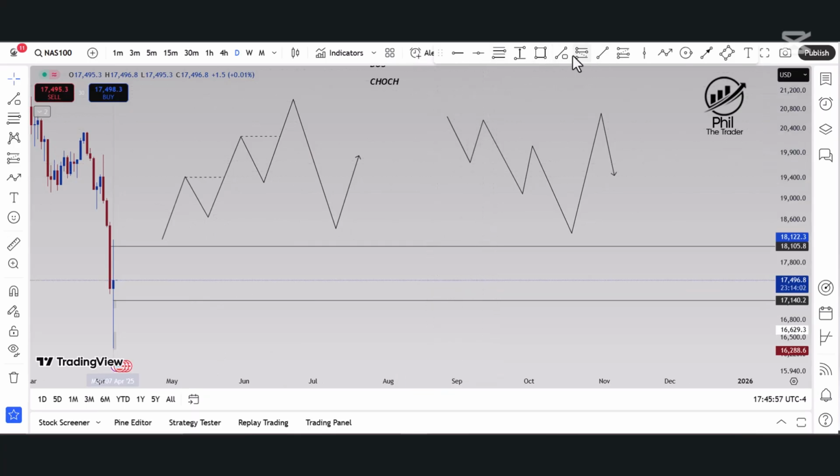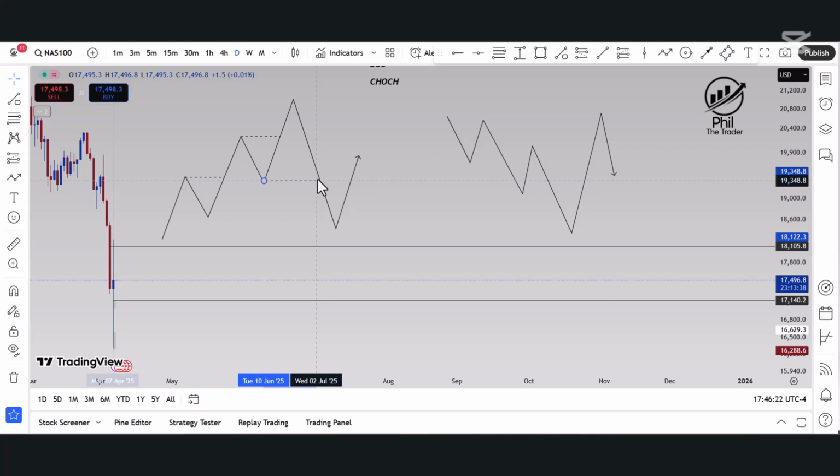So the change of character is when the market, you see the sequence of this thing is that the market creates a low, it creates a low. So this particular one was to create another low to move up. But the moment it changed and now created a lower low instead of a higher low, this particular term here becomes what?